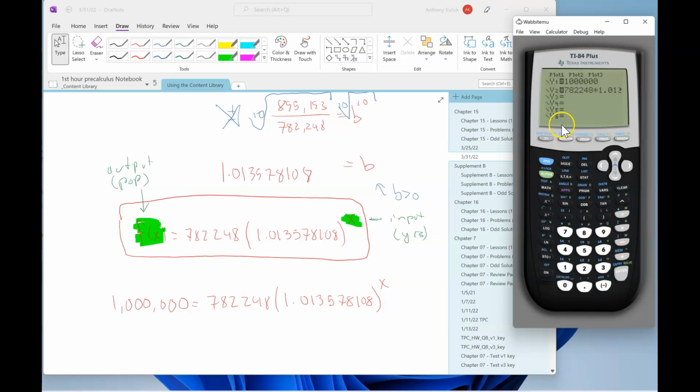Okay. So now I'm going to set my window before I hit graph, because hitting zoom standard on this is probably not going to be real helpful, because this is now a story problem where the x and y's have real values. Did you put the x in your equation for the y?